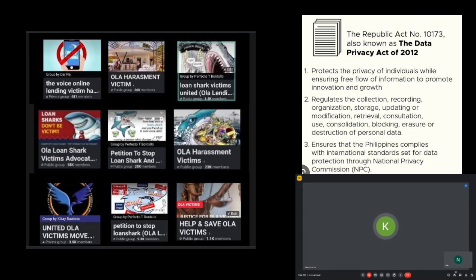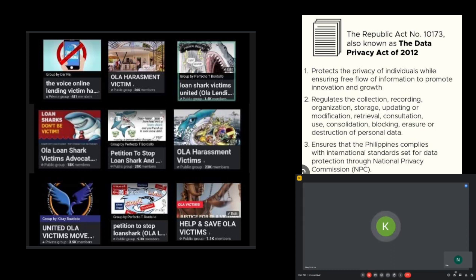True. Na-access na yung phone book, yung messages, gallery, sometimes yung calendar mo, pati mga appointments mo, nakukuha na rin ng OLA. Yun kasi yung way ng OLA. Yun talagang ginagawa nila para matakot ka, harasin ka, para makapag-bayad ka.